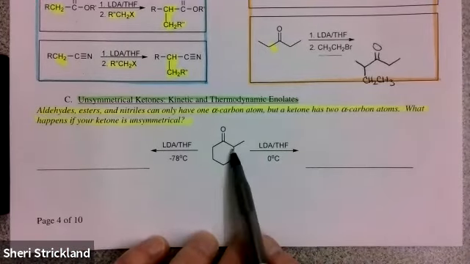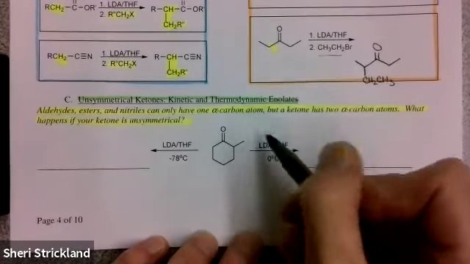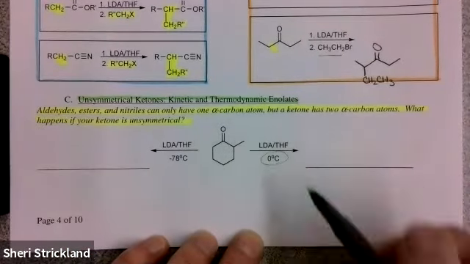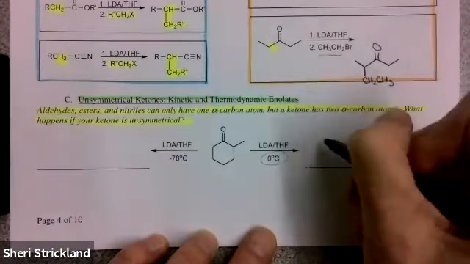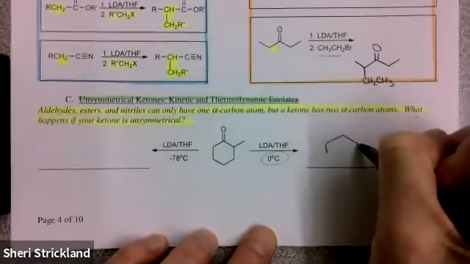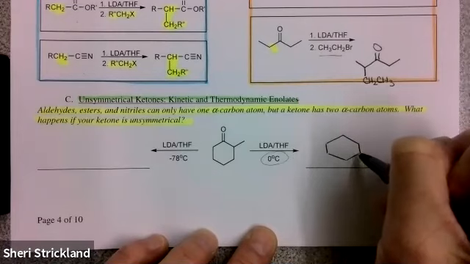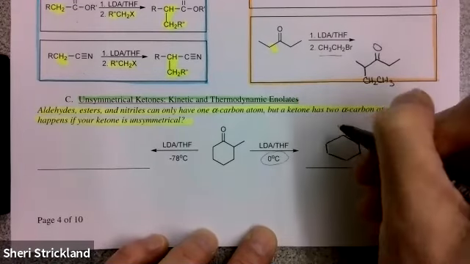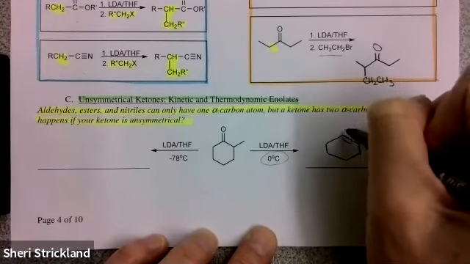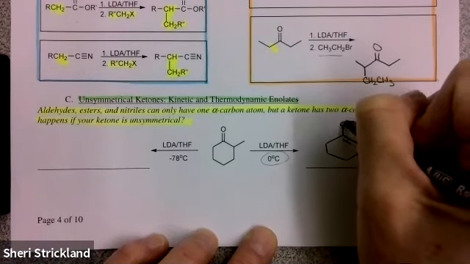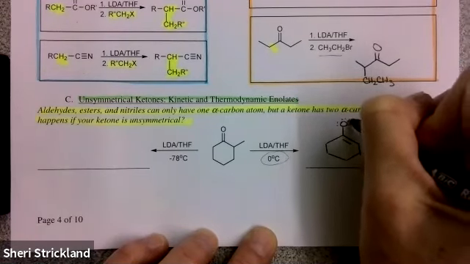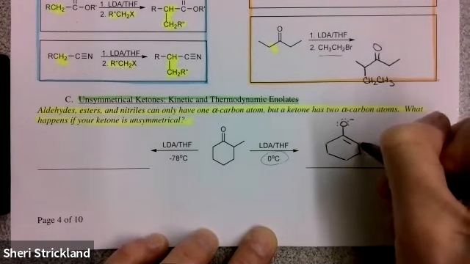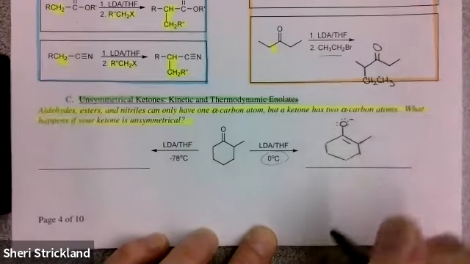So we find, if you come here to the right first, that if we treat this compound with LDA at 0 degrees, we're going to make an enolate ion that looks like this. And I'm drawing the second resonance contributor of these enolate ions.